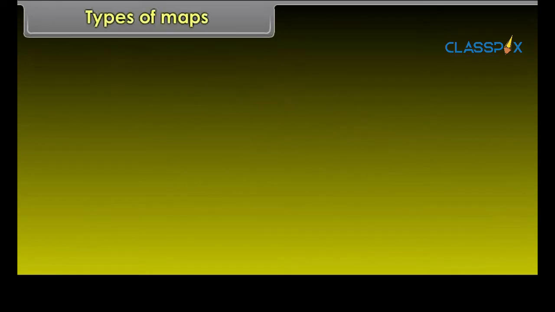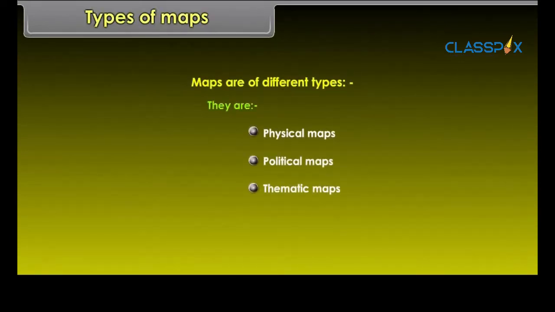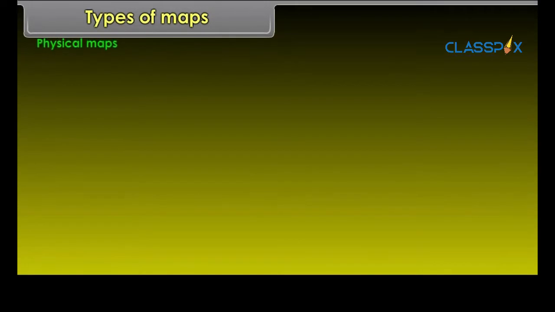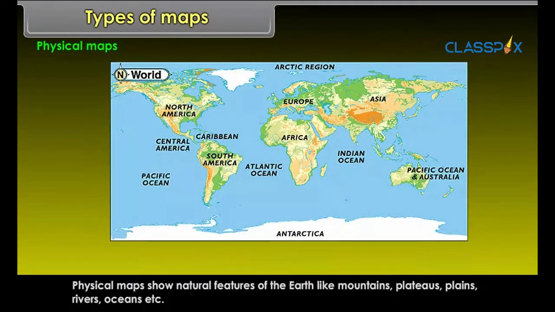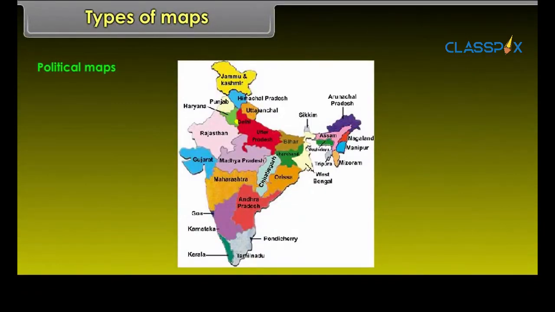Types of maps. Maps are of different types. They are physical maps, political maps, thematic maps. Physical maps. Physical maps show natural features of the earth like mountains, plateaux, plains, rivers, oceans, etc. Political maps.